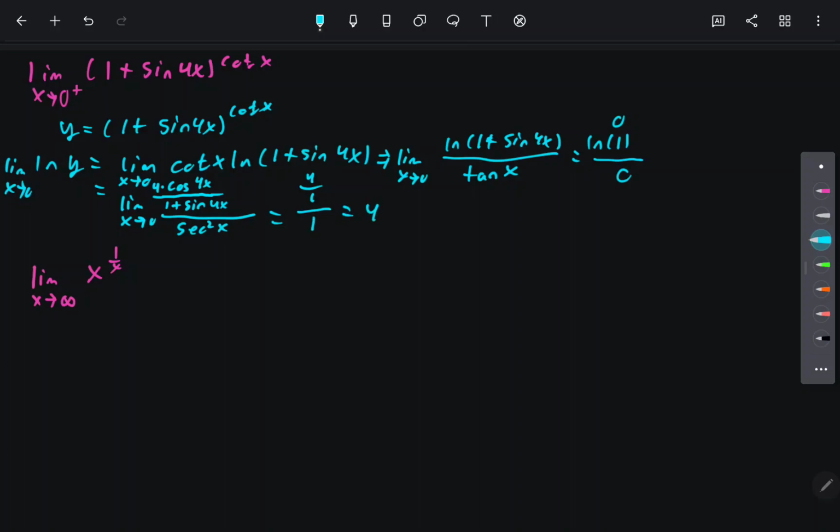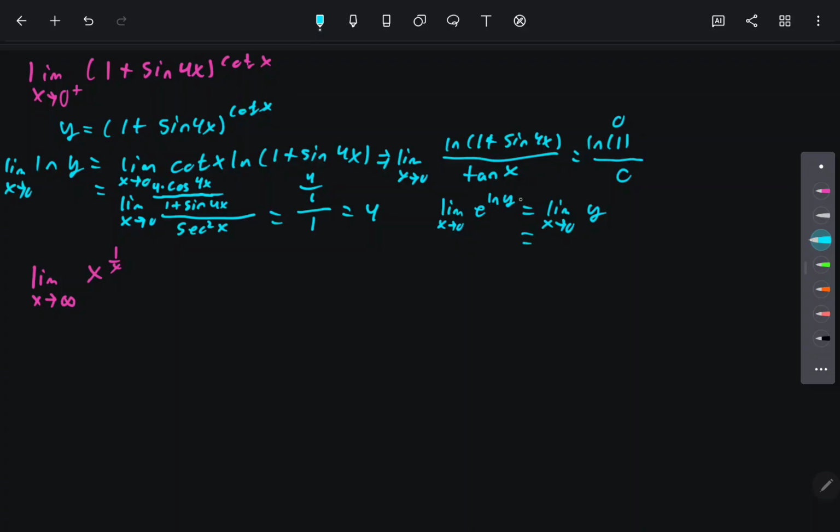So we've now found the limit as x approaches 0 of the natural log of y. Now we just have to find the limit as x approaches 0 of e to the natural log of y, and that should be equal to the limit as x approaches 0 of y, or this original function.